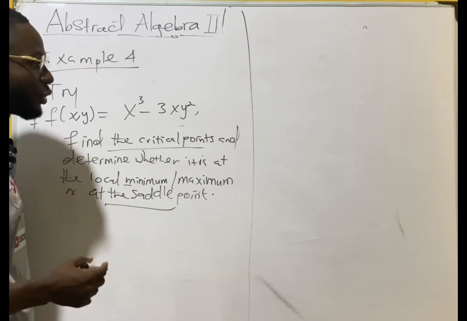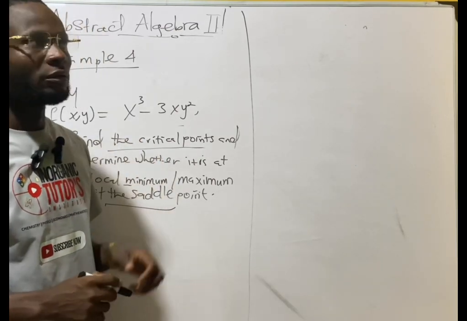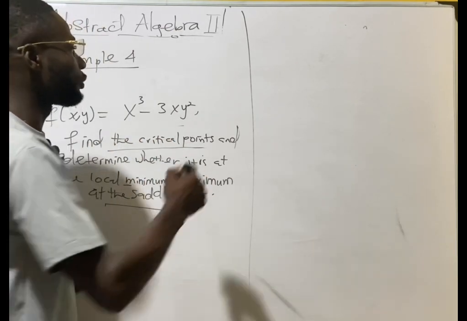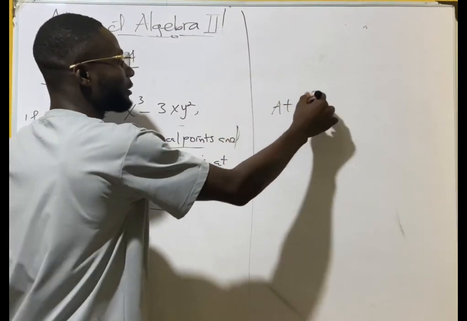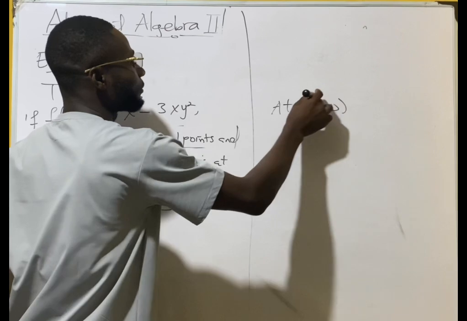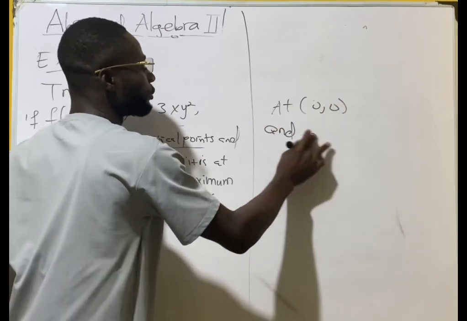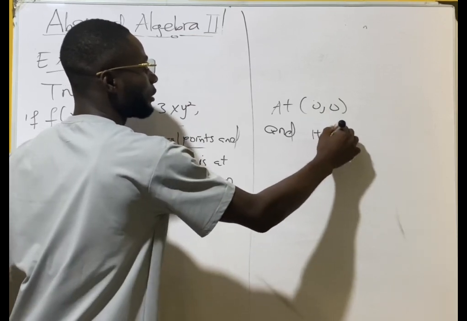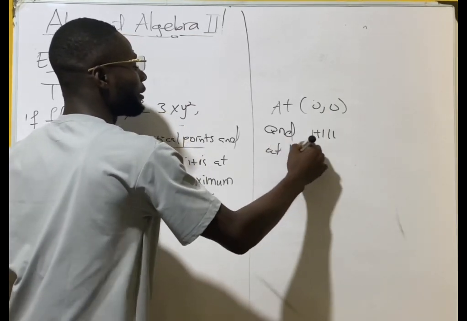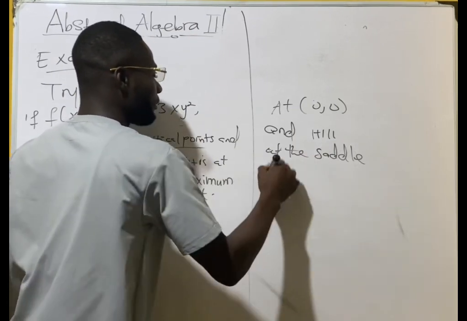Okay, so try to work your way out. I want to give the final answer out. So the critical point will be at 0, 0, and it will be at the saddle point.